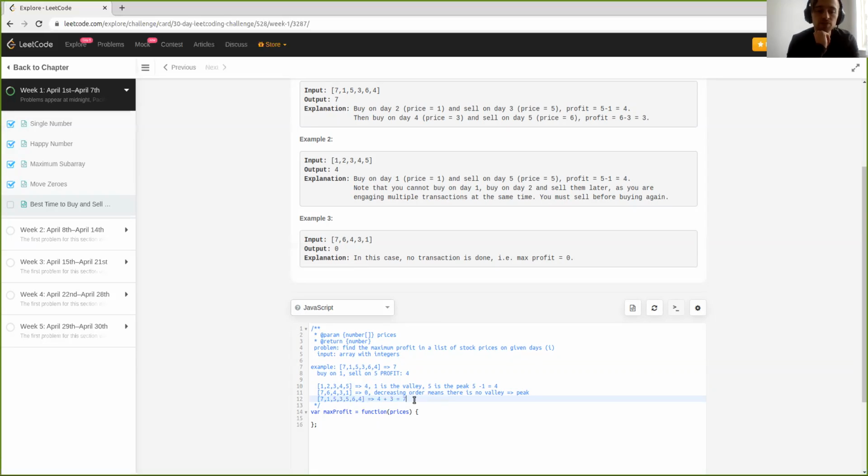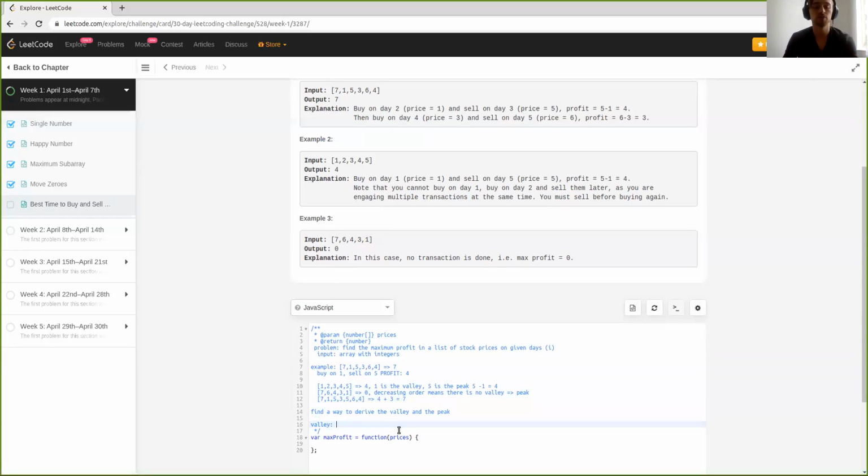So basically we have to find a way to derive the valley and the peak. If we look at this last example I gave with the extra 5 in index 4, the first valley is the first element where the next element after it is greater than it.